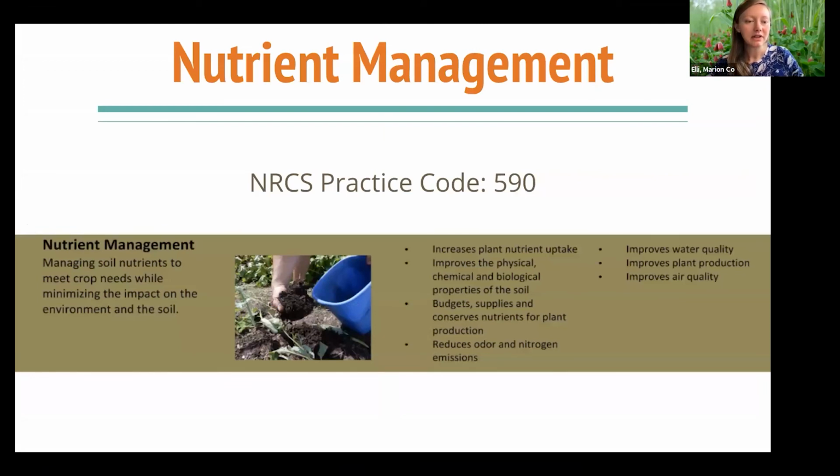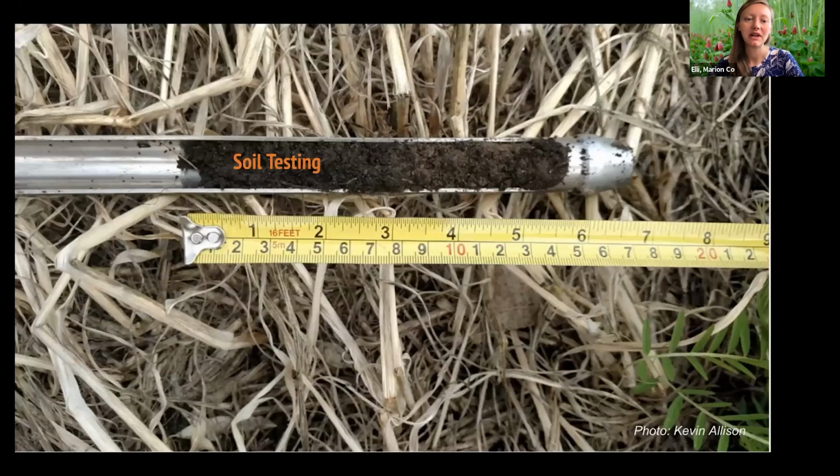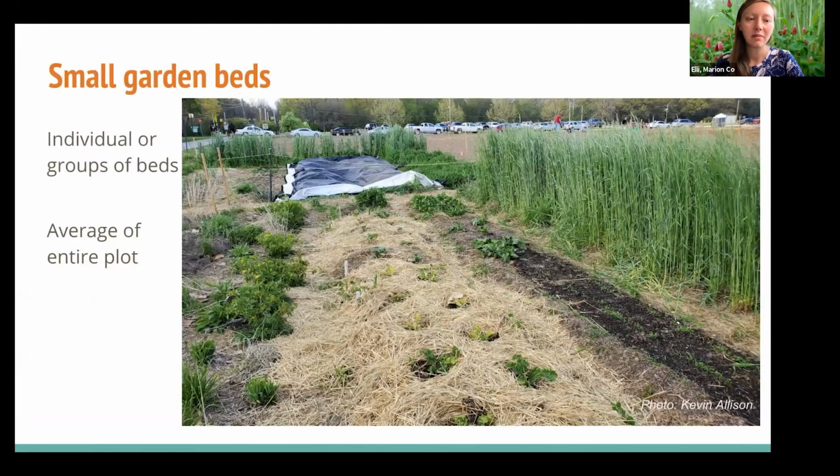So managing nutrients, there are a lot of things we could touch on. I'm not going to focus on it too much, but I do recommend that if you're not sure where you're at with your soils, to start with a soil test. And on a small garden bed, you can break that up in many different ways depending on your goals.